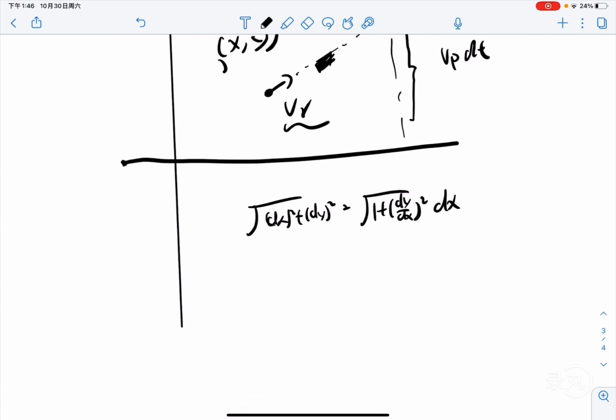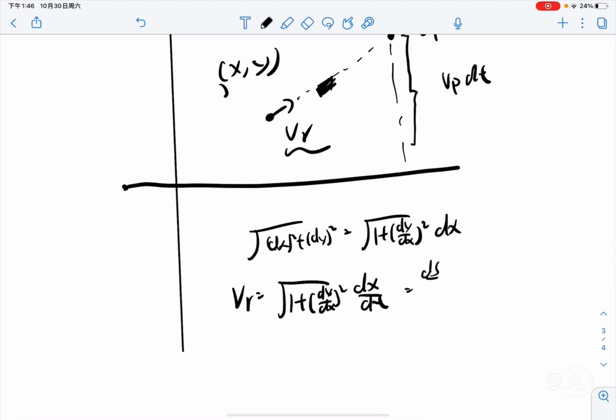So because the velocity is constant, Vr is equal to the square root of 1 plus (dy/dx) squared times dx/dt, which is ds/dt. So the first equation we have over here is this.